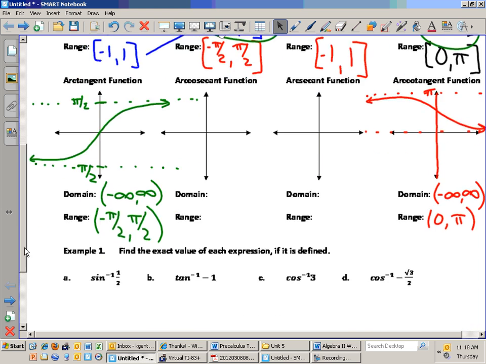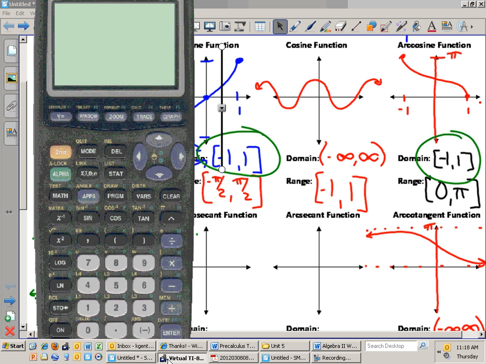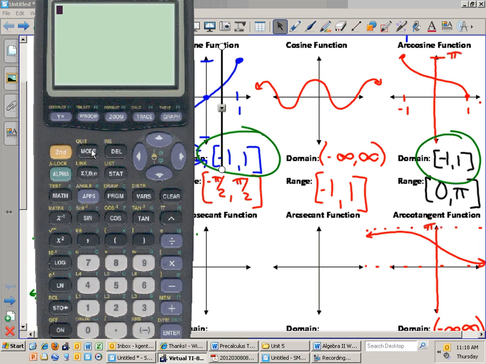So when you look at your sheet, you can't list 150. You have to list the number that's between negative 90 and positive 90. Well, that's only one, and that value is 30. Your calculator knows how to do it. If you take out your calculator and you go to mode and you are working in degrees, simply just go sine inverse of 0.5, and you will get 30 degrees.